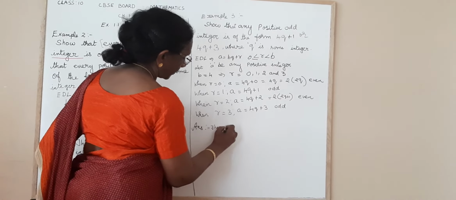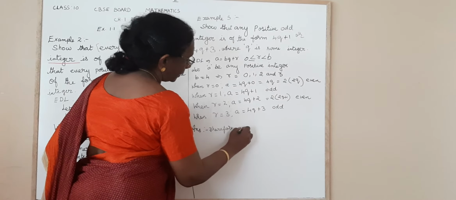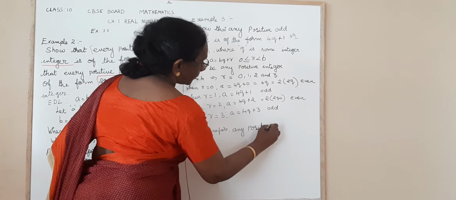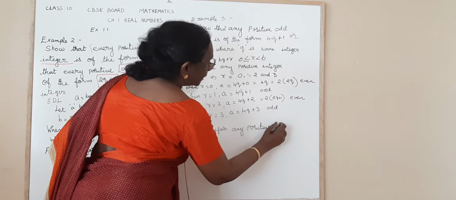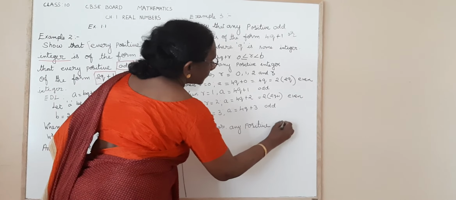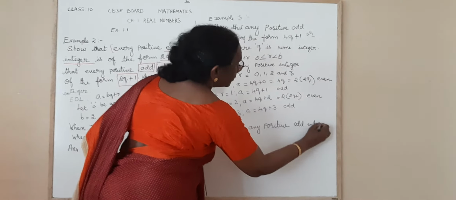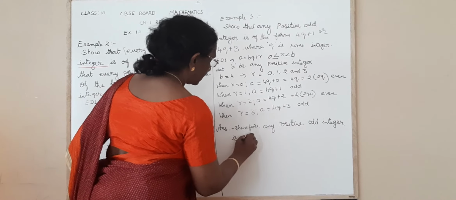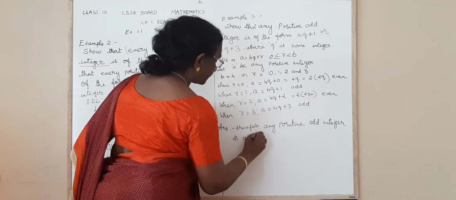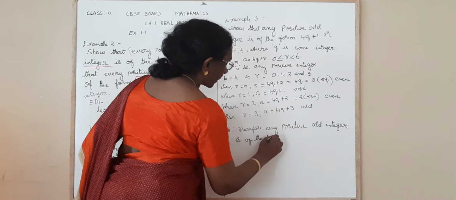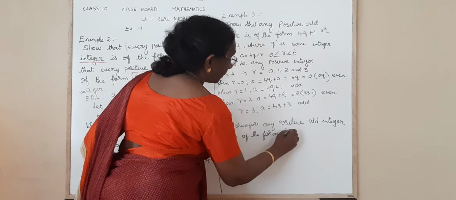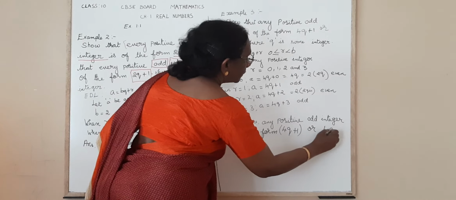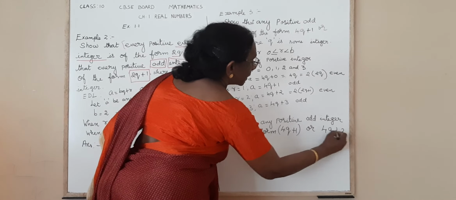Therefore, any positive odd integer is of the form 4q plus 1 or 4q plus 3.